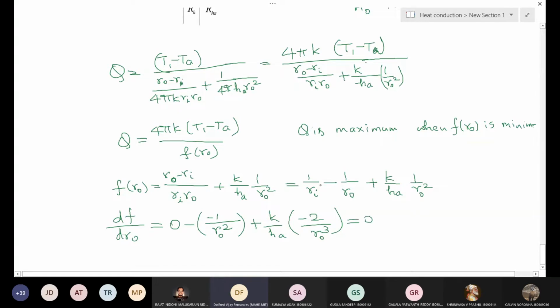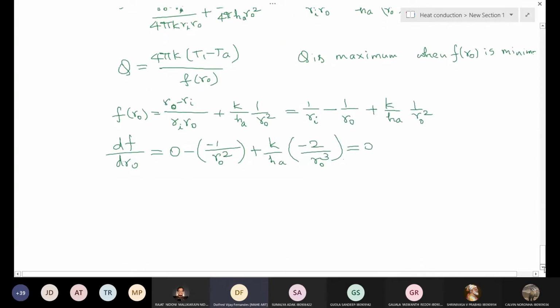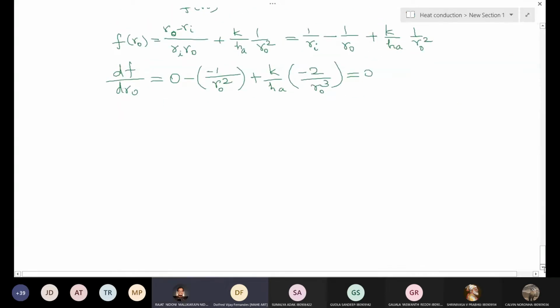The derivative we are equating to 0 and solving that. 2K by HA. So you'll get R outer equal to 2K divided by H. The difference here is only the factor 2.